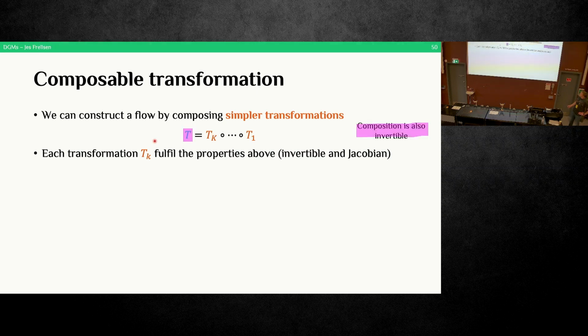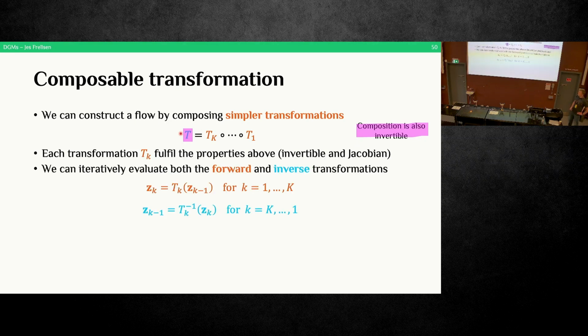And the nice thing is that you can show that if each of these transformations fulfills the properties that they are diffeomorphisms and the Jacobians are accessible, then this composition is also a diffeomorphism, particularly it's invertible, and it's also easy to calculate its Jacobian. If we specify it this way, then we can iteratively evaluate both the forward and the inverse transform.